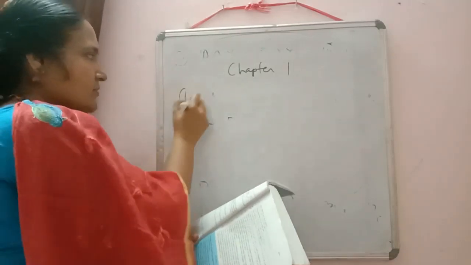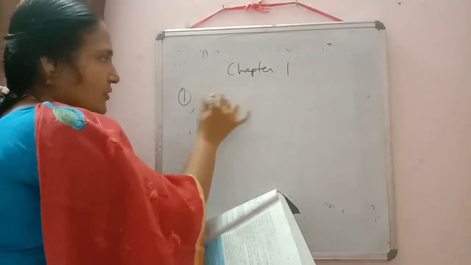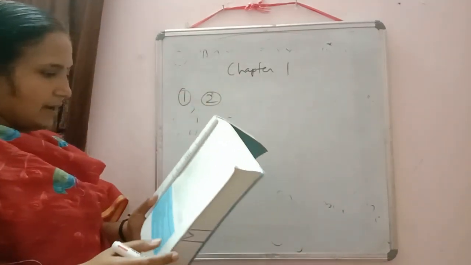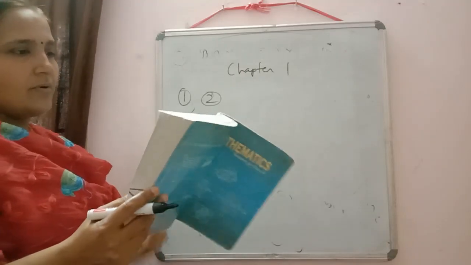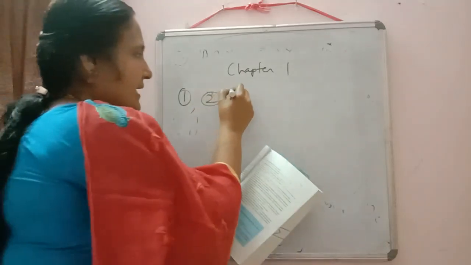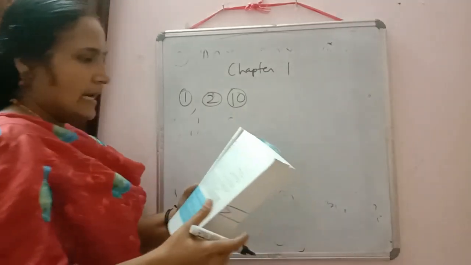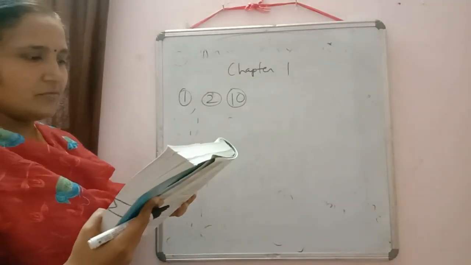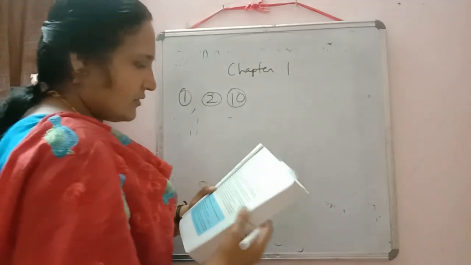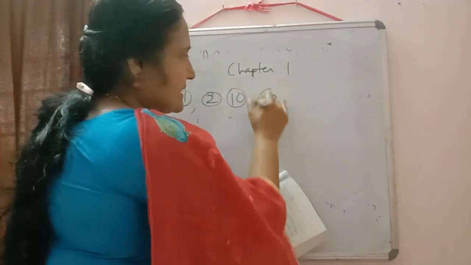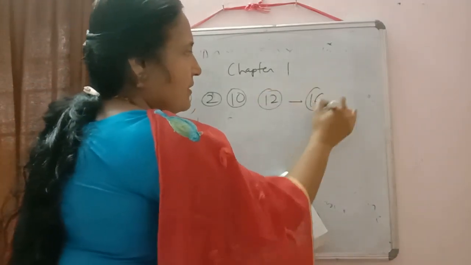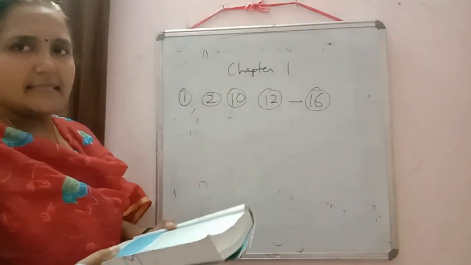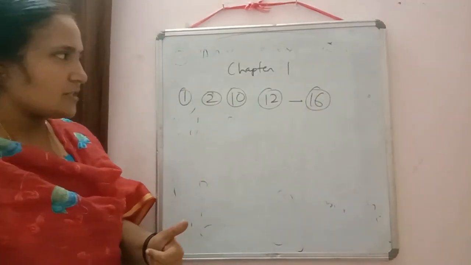Question number 1, 2. Then question number 10. Try to do question number 10. And if any doubt is there, you can send me the solution through WhatsApp. And then question number 12 to 16. Just try to do these questions.